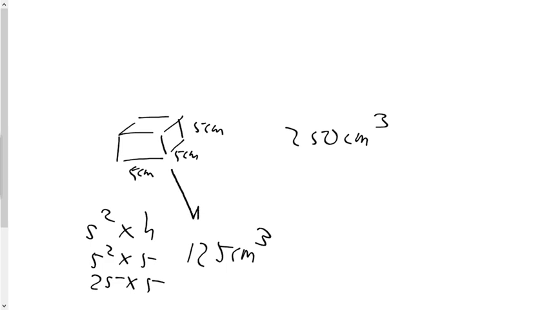So this cube will have a volume of 125 cubic centimeters. So therefore, the answer is false. It will not have a volume of 250 cubic centimeters. It will have a volume of 125 cubic centimeters.